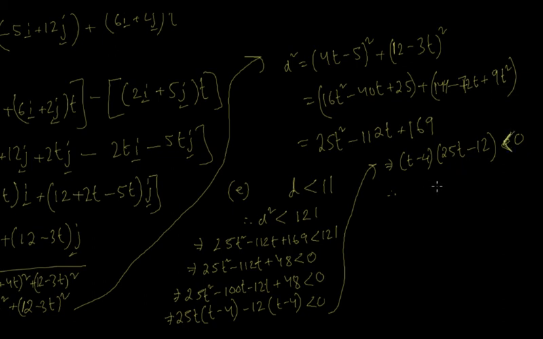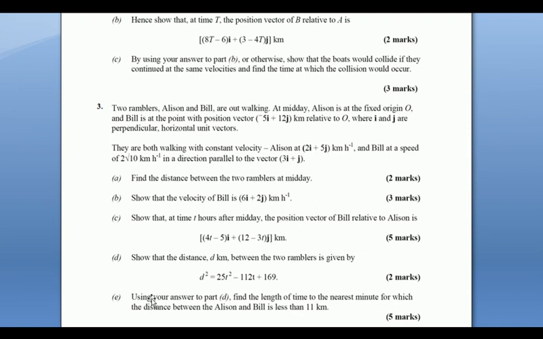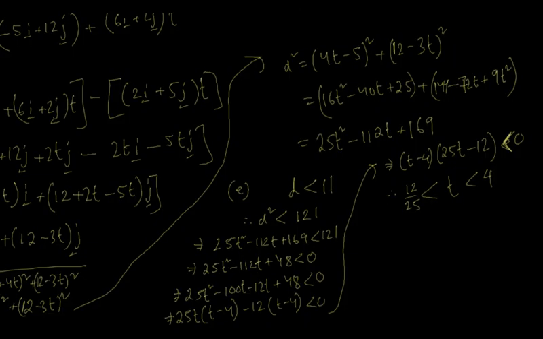Okay, now there is a rule in inequality in C1, so you need some C1 concept for M1. They assume you understand the concept of C1. So if it is less than, you write it between, and you write the smaller value first and the larger value later on. So 12 by 25 is the smaller value and 4 is the larger value. So the time interval. So what was the question here? Find the nearest minute, find the length of time. So we have to subtract the two in the nearest minute.